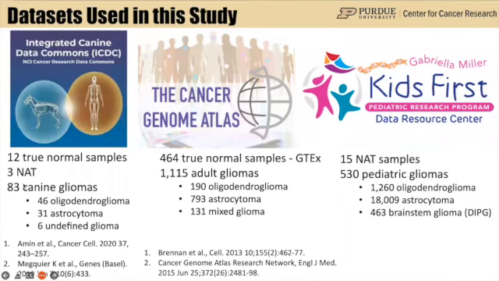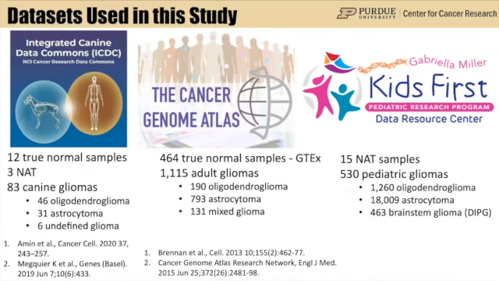In addition to those, we supplemented this with 12 true normal samples from dogs without gliomas. The reason for that is to let us really probe the tumor microenvironment and be more confident that the differences we're seeing are actually normal versus glioma differences, and that we're not missing anything because of the possible proximity of the biopsy site, in the case of the normal adjacent to tumors, to the actual tumor that was removed.